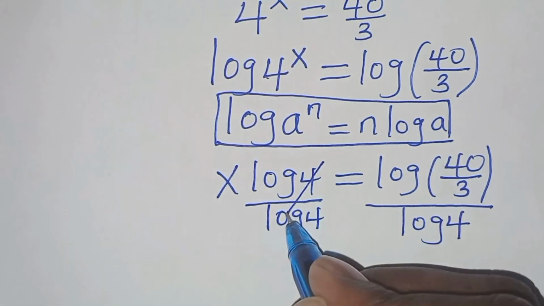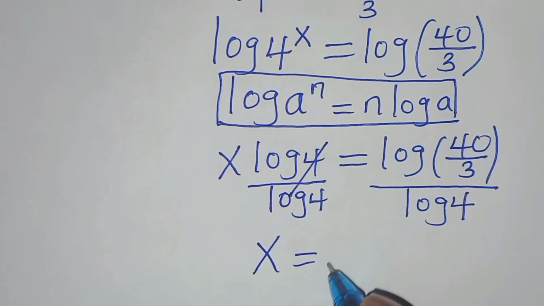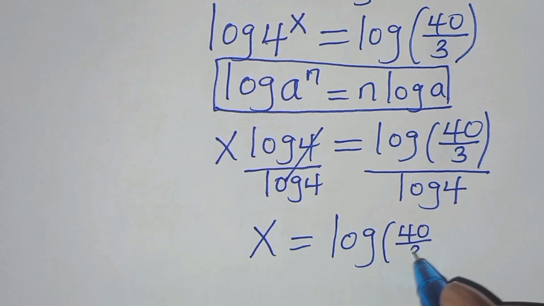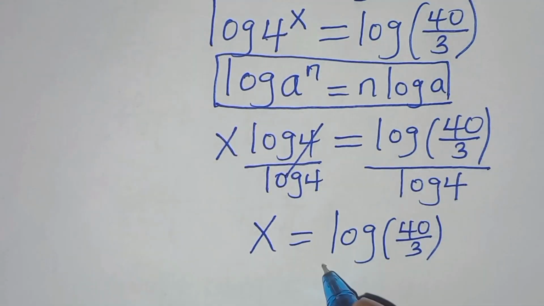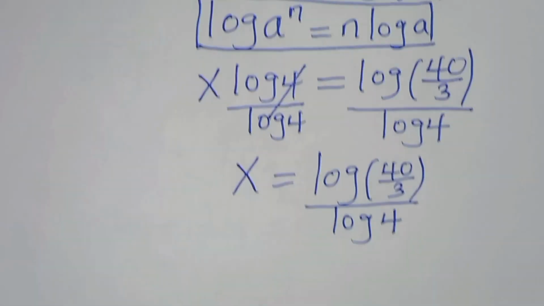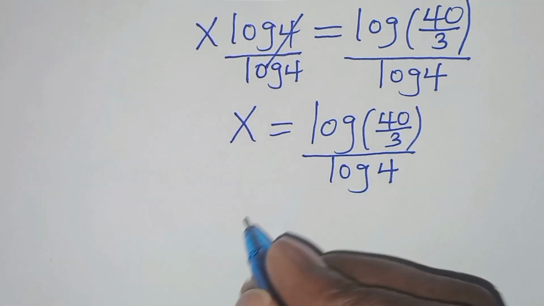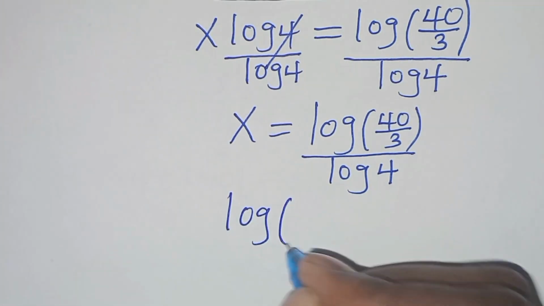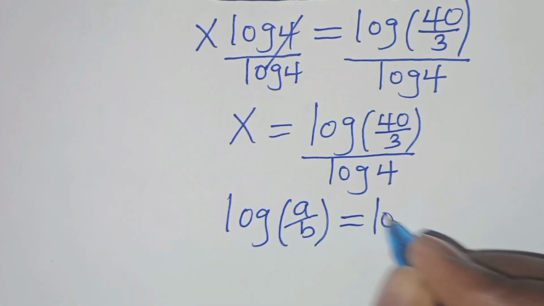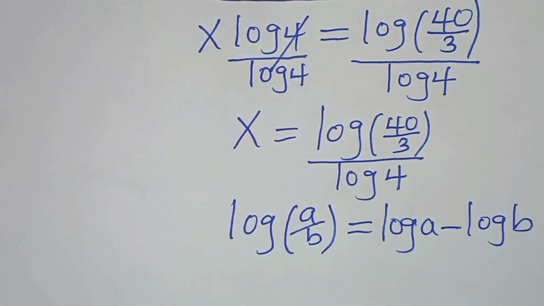So we simplify here so that x is equal to log 40 over 3 divided by log 4. Now log 40 divided by 3, this is in the form of log a over b, which we can express as log a subtract log b.